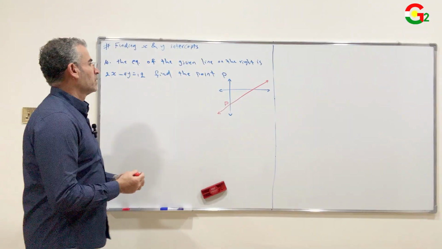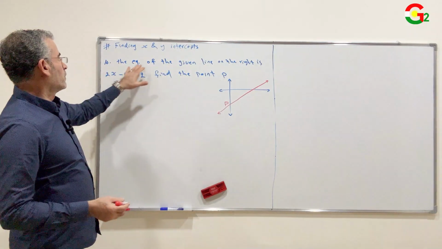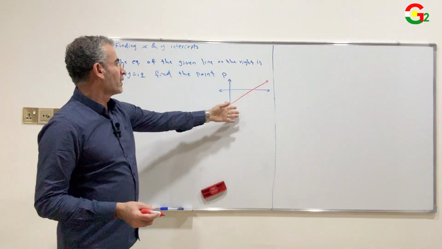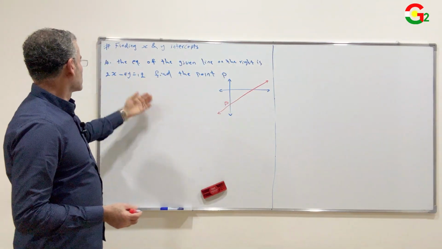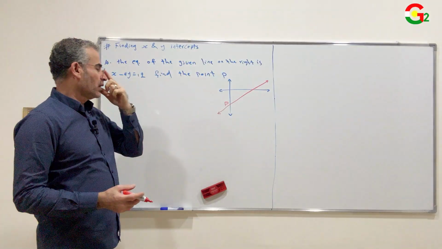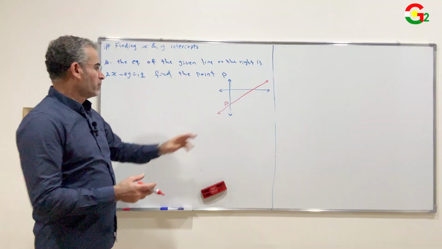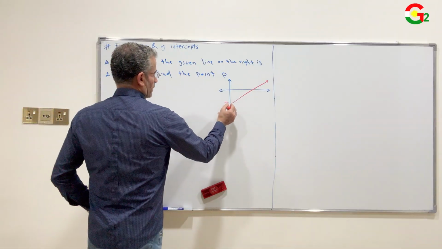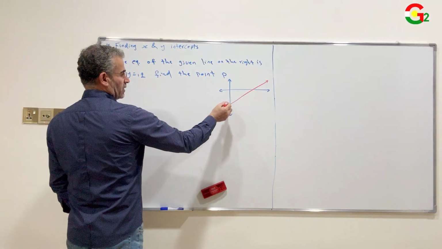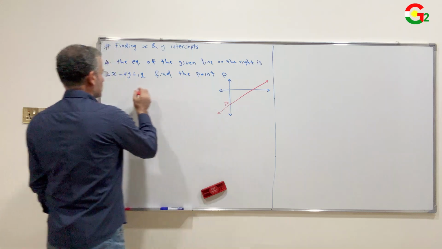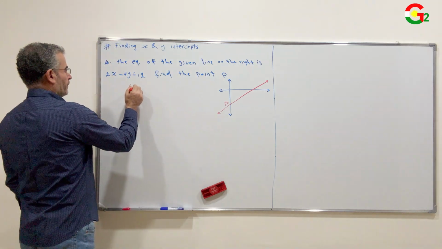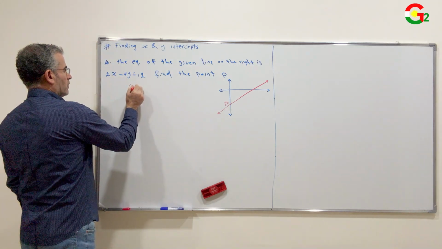The last example in this lesson: the equation of the given line on the right is 2x minus 4y equals 12. Find the point P. It means find the coordinates of the point P here. Since the point P is the y-intercept point, its coordinates are (0, P).